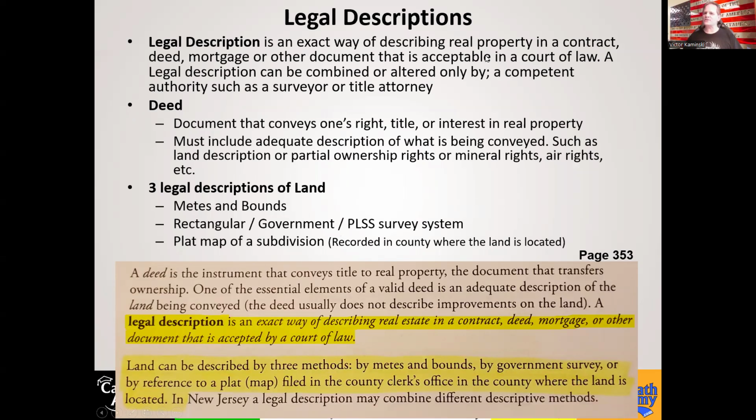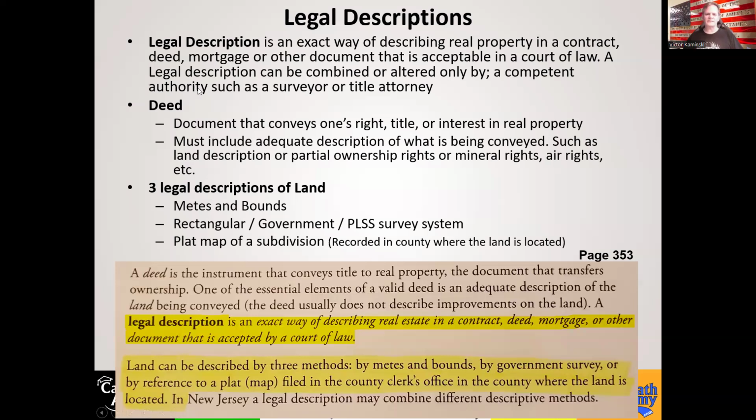It's an exact way of describing real property in a contract, deed, mortgage, or other document that's acceptable in a court of law. And a legal description can be combined or altered by only a competent authority, like a surveyor or a title attorney. Now, deeds are the documents we use to transfer one's ownership of real estate.